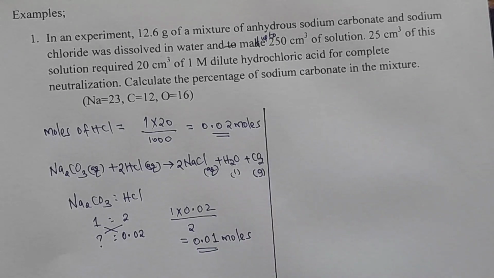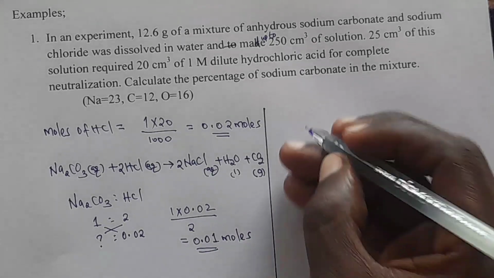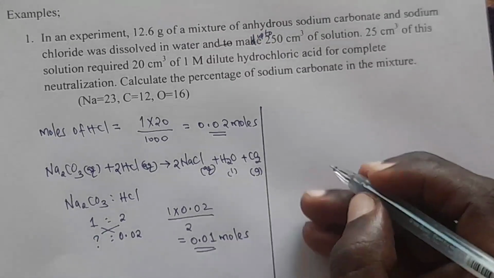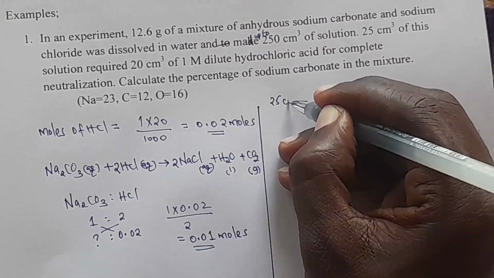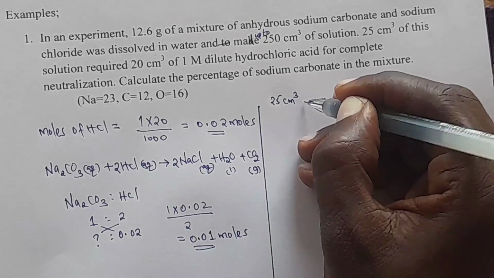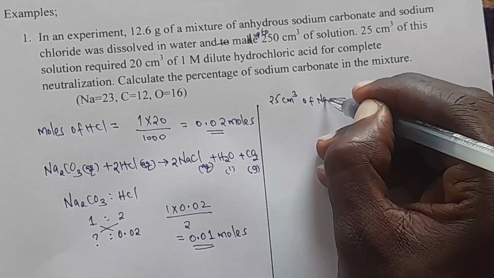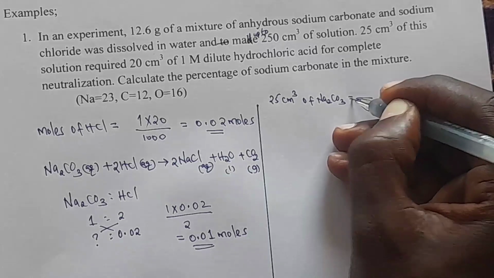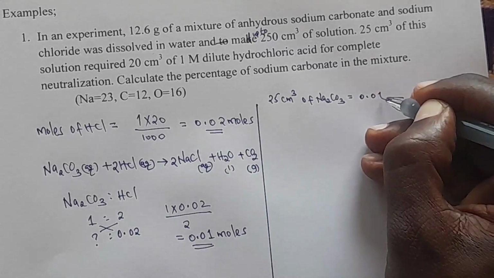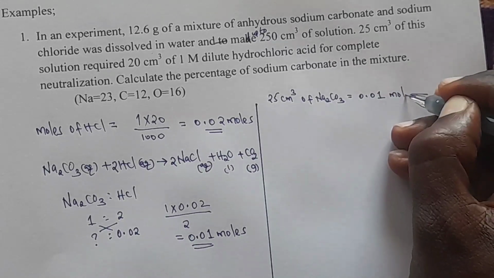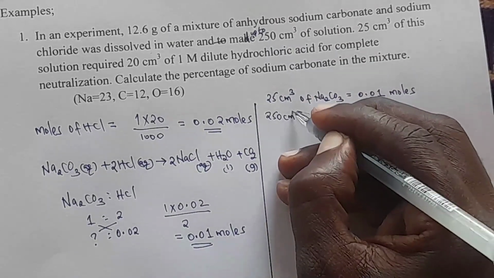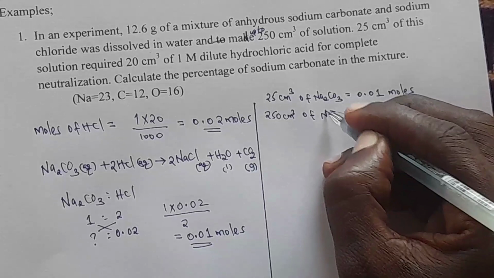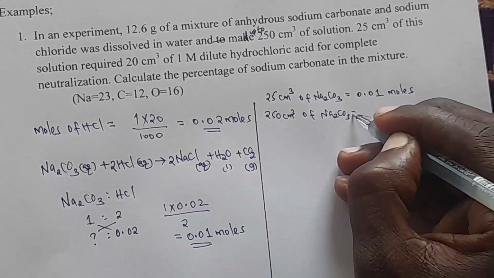So we relate: if 25 centimeter cube of sodium carbonate solution has 0.01 moles, which we got by the use of the mole ratio, what about 250 centimeter cube of that solution?